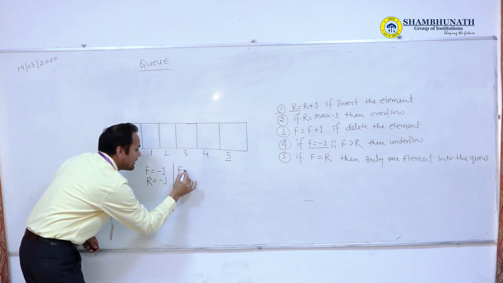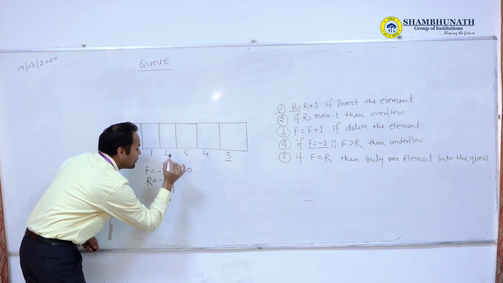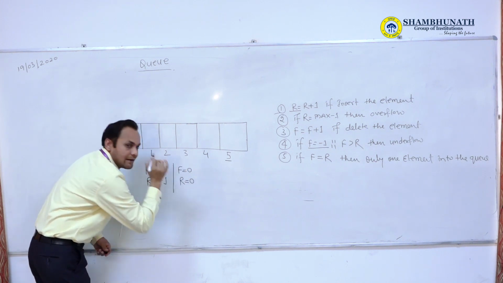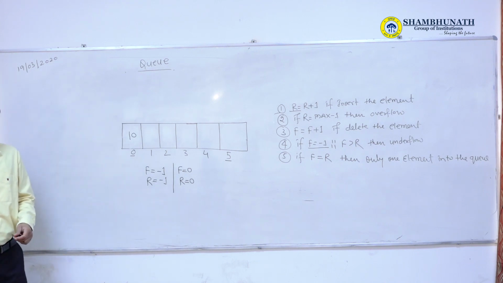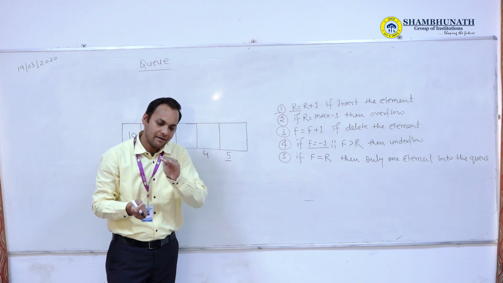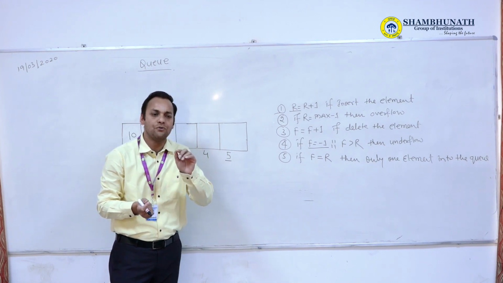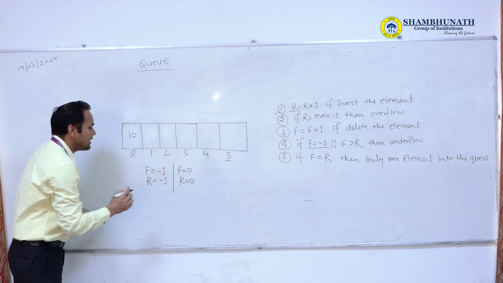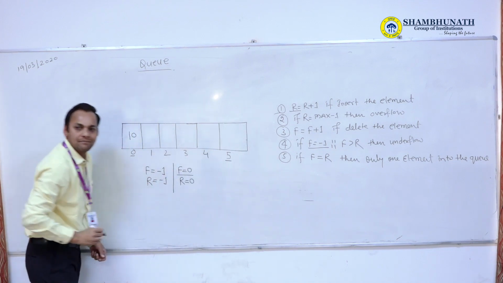Front is 0 and rear is 0. Why? I am saying if we are inserting the element at the rear end of the Q, only the position of rear changes. How does the position of front change?